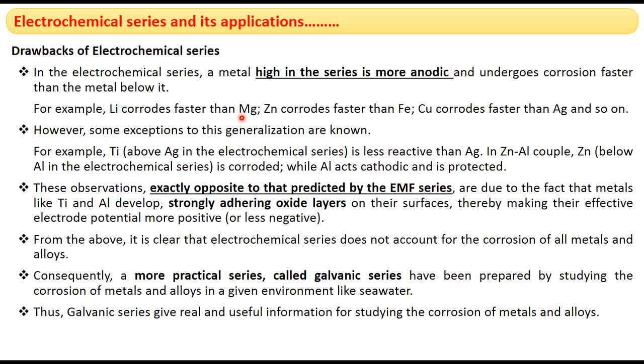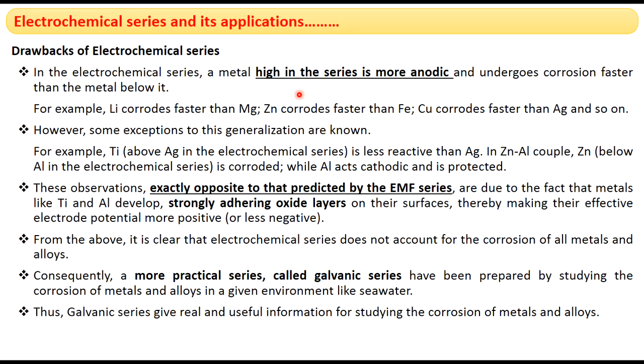Similarly, if we take zinc and iron, zinc corrodes faster than iron, as zinc is at the top and iron is below zinc. The same is the case with copper and silver. Copper is at the top, so it acts as anode, and silver is at the bottom, so it acts as cathode.